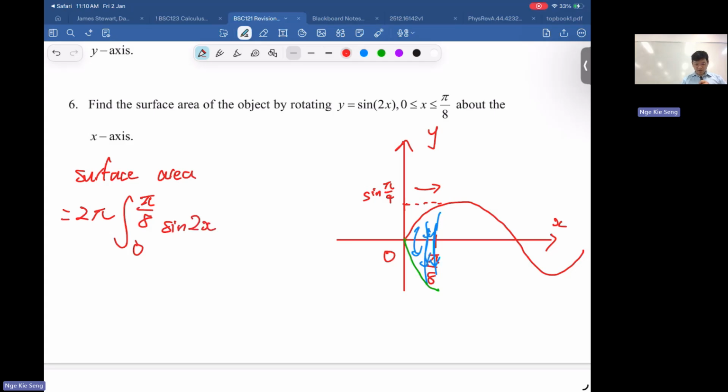How about your curve component? Square root of 1 plus dy over dx squared. So you get 2 times cos 2x, and then square, and then dx like that. Okay. Agree? Agree with this setup? Okay.